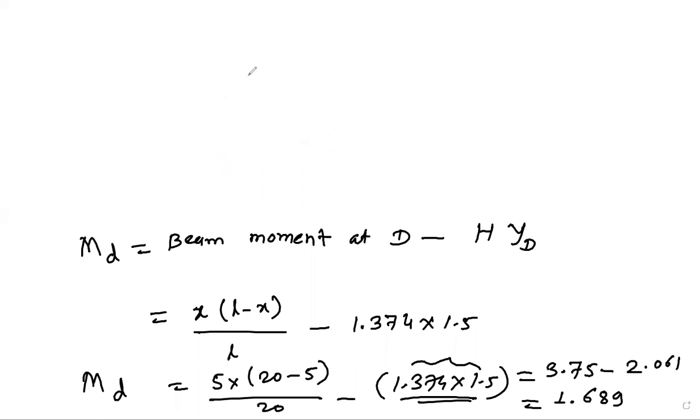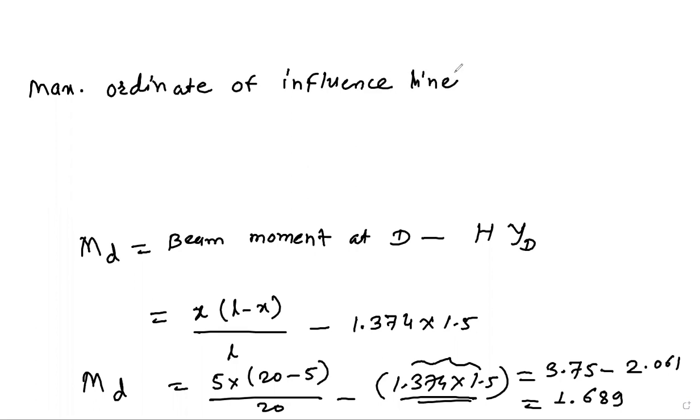So write down maximum ordinate of influence line for EMD in the positive zone.